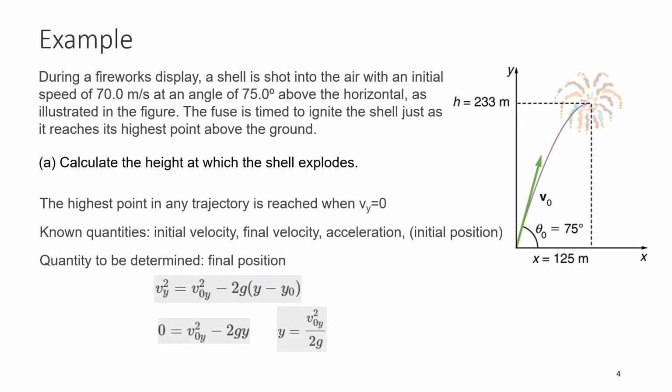One tricky part here is that although we know the initial velocity of the shell, V0, since V0 is not vertical, we need to find its vertical part. We have V0y equals V0 times sine theta, and after plugging in all the numbers, we get the final result, y equals 233 meters.